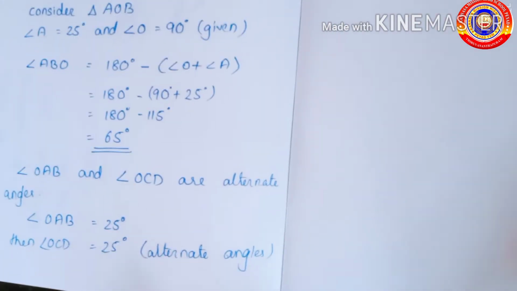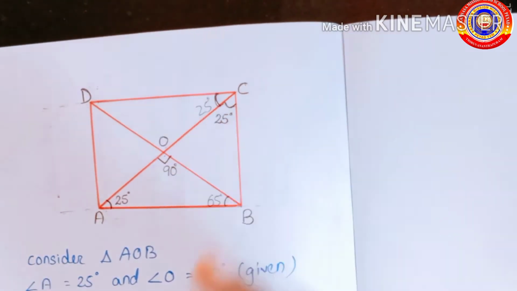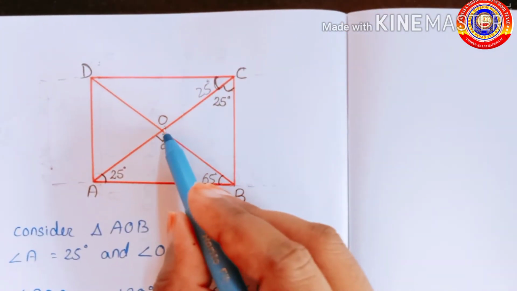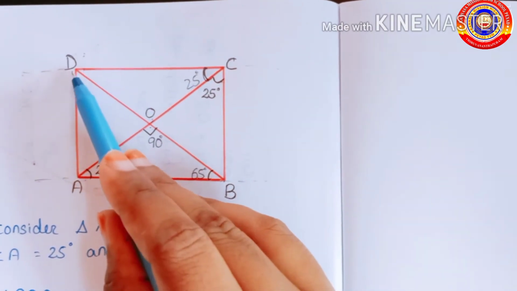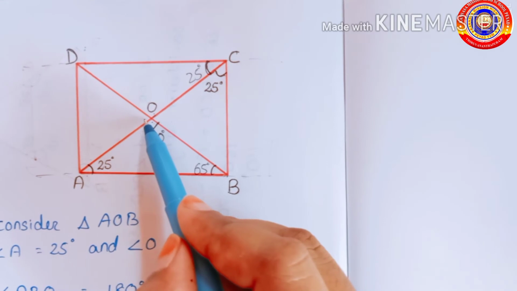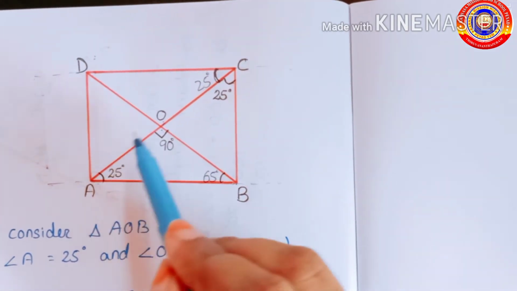Like this, there is another pair of alternate angles in this figure. Next, angle OCB and angle DAO are another pair of alternate angles.